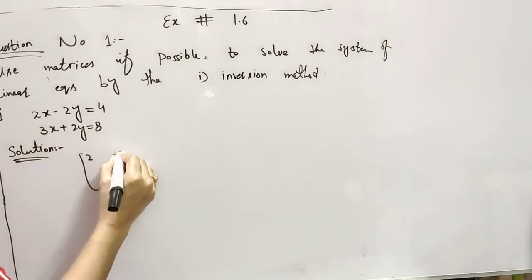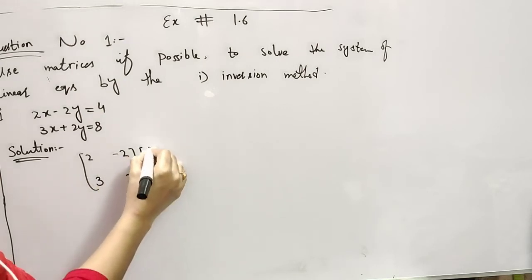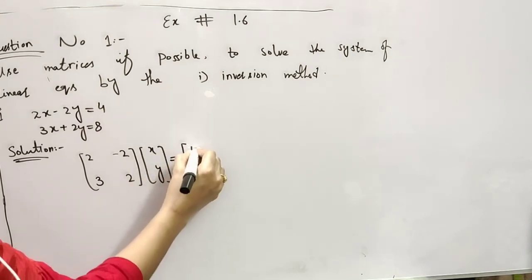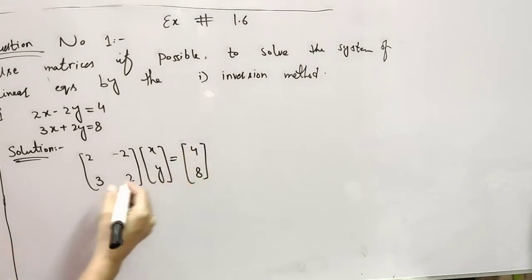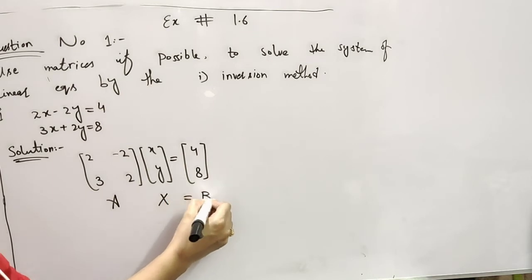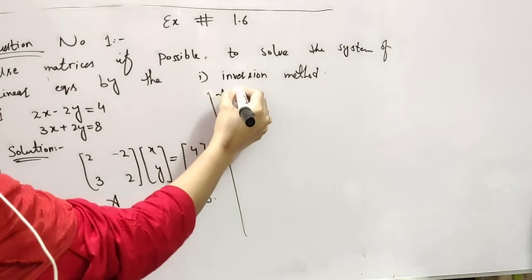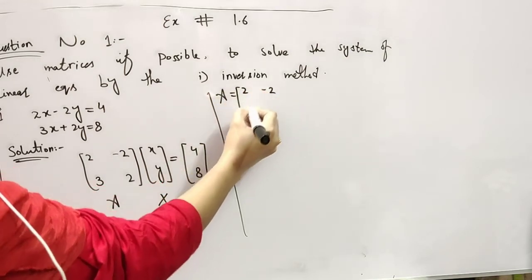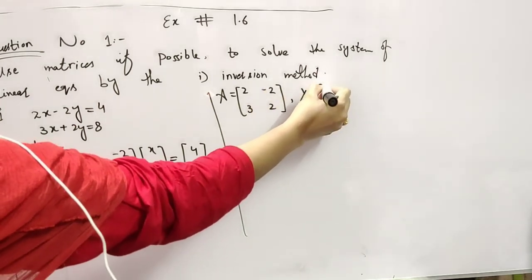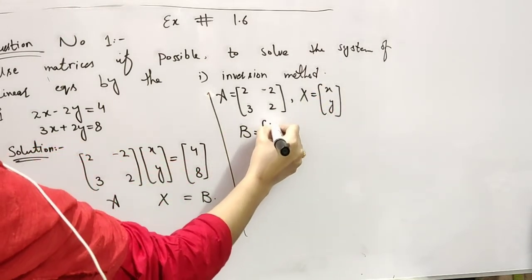This will be equal to the matrix [2, -2; 3, 2] times [x; y], and this is equal to [4; 8]. We know that this is equal to A, this is equal to X, and this is equal to B. A is equal to [2, -2; 3, 2], X is equal to [x; y], and B is equal to [4; 8].